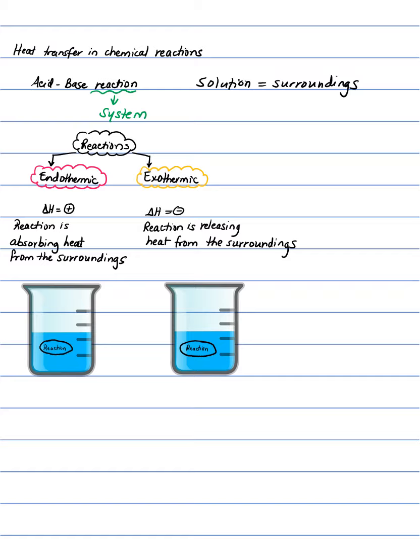So for an endothermic reaction, that reaction is going to be absorbing heat. So the arrows are pointing towards where the heat is going. So the heat is going into the reaction. So the reaction is absorbing heat from the solution, which is the surroundings, and that amount of heat is going into the reaction.